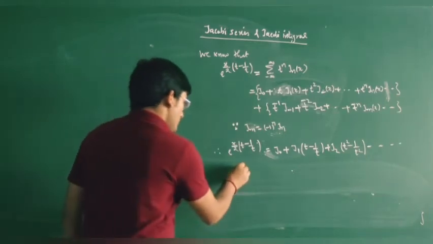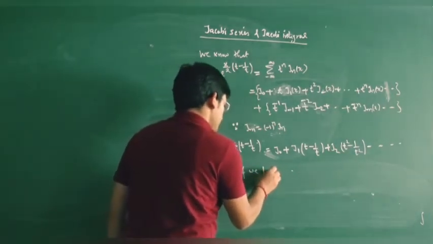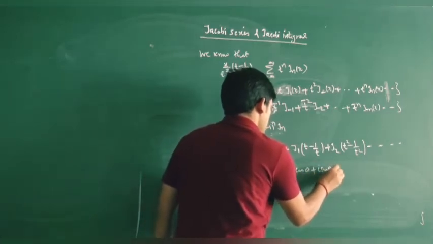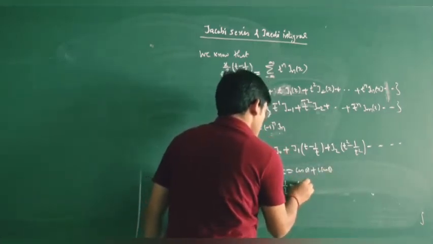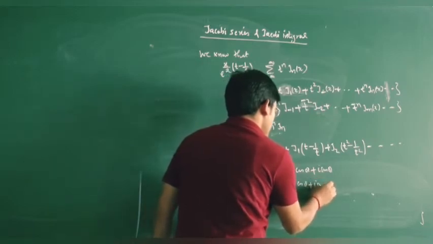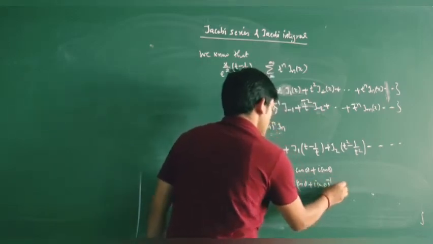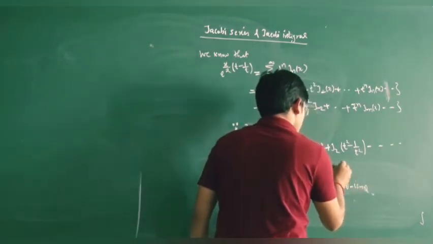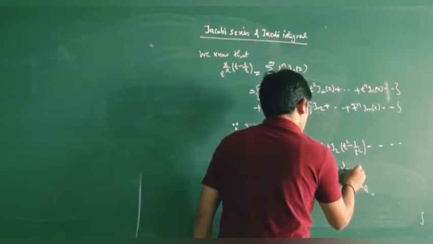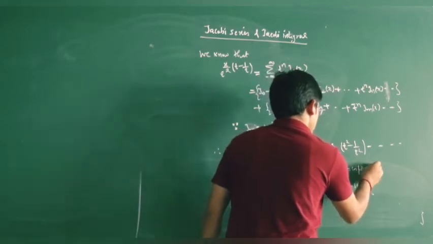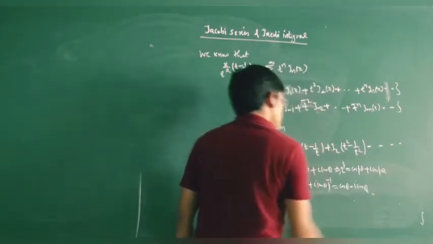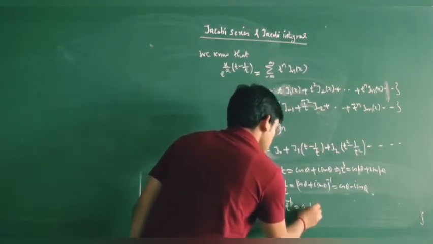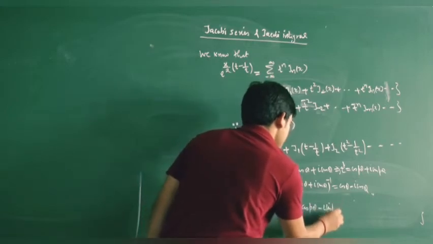Okay, if we put t equal to cos theta plus i sin theta, then 1 by t will be cos theta plus i sin theta power minus 1. So this is equal to cos theta minus i sin theta. Again from here, t power p equals cos p theta plus i sin p theta because of De Moivre's theorem, and t minus p will be equal to cos p theta minus i sin p theta.